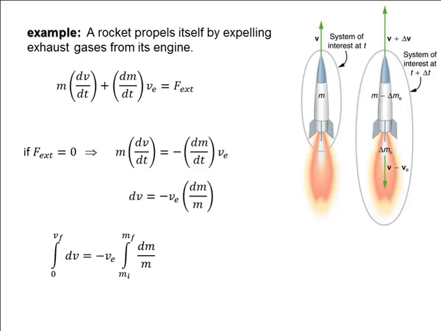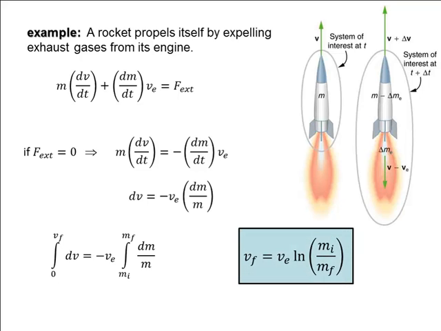We integrate the left side from the initial to the final velocity. We'll assume the rocket starts at rest just for definiteness. And then on the right side, we integrate the rocket mass from its initial to its final mass. Remember, it's expelling fuel, and so its mass is going to be going down. Two very simple integrals to evaluate, and what we end up with is this.